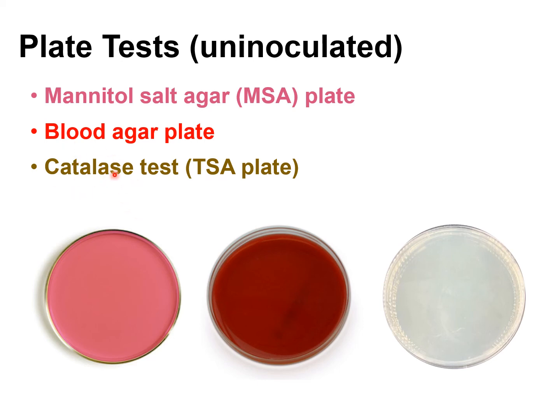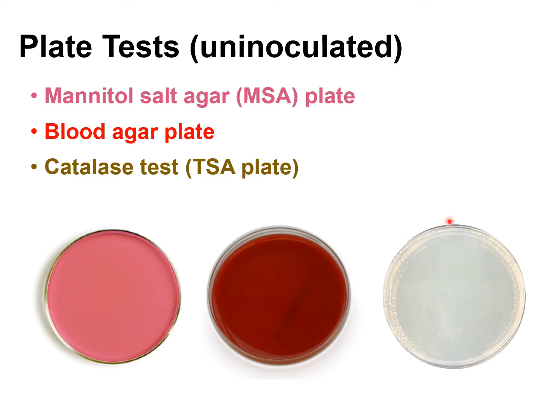Now, catalase is not the name of the media. This media could be a TSA plate, for example, a tryptic soy agar, but we use this plate to perform a test called the catalase test. I'll show you how we do the catalase test in just a minute.